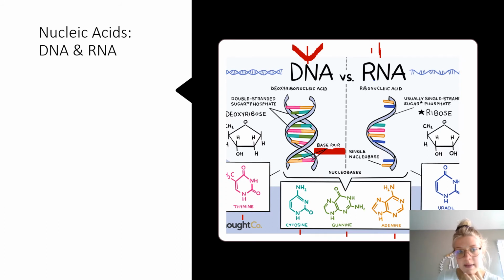RNA is otherwise known as ribonucleic acid. Ribonucleic acid is usually a single-stranded sugar bound to a phosphate, which includes ribose there. As you can see, it is single-stranded here.